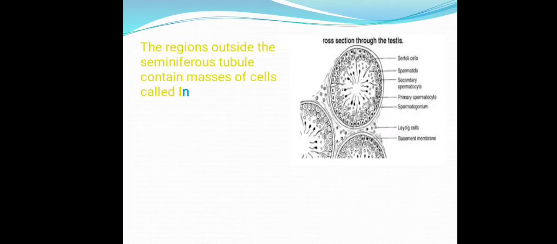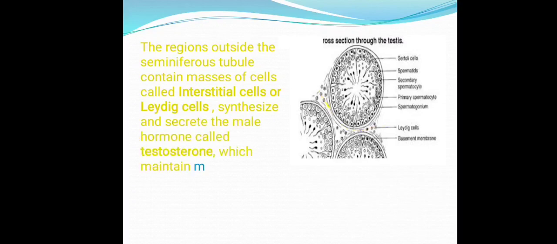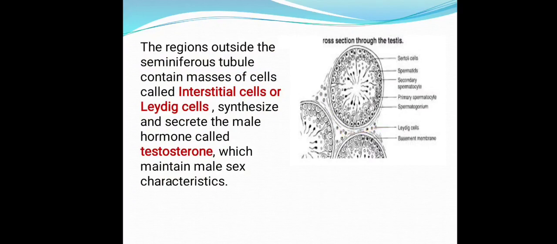The region outside the seminiferous tubules contains masses of cells called interstitial cells or the Leydig cells, which synthesize and secrete the male hormone called testosterone, which maintains male sex characteristics.